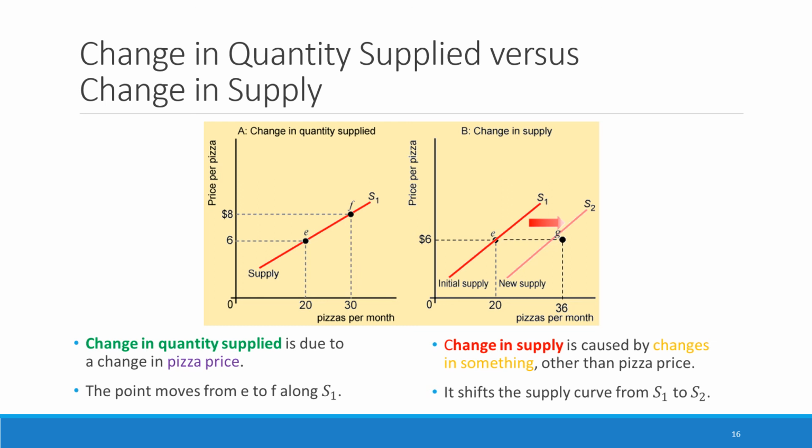In Figure B, the supply curve of pizza shifts from S1 to S2. This changes pizza supply from 20 to 36 units per month, but pizza price remains at $6 per unit. The factors that change pizza supply include cost of production, but not the pizza's price.